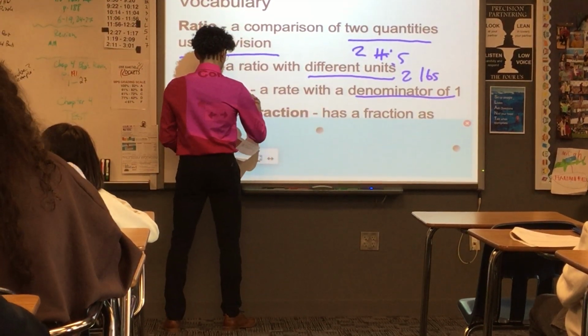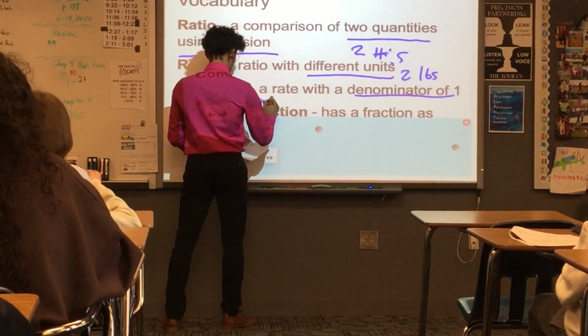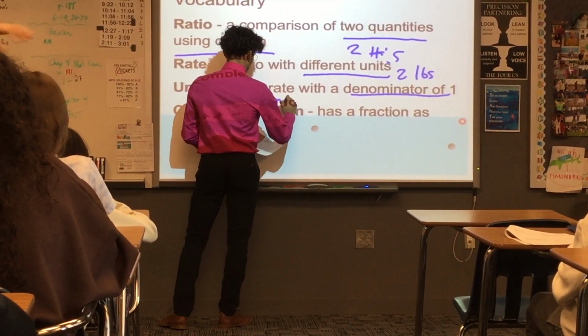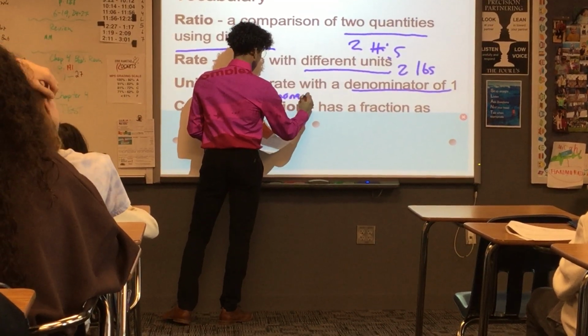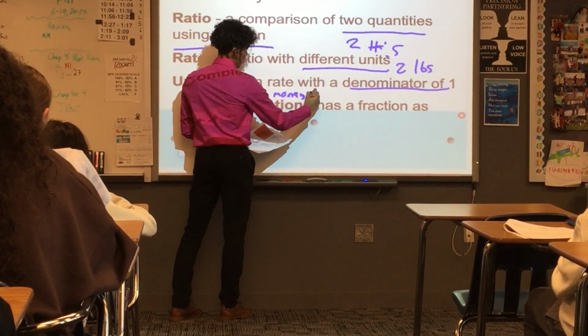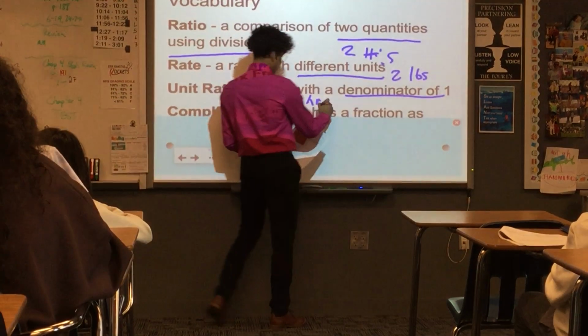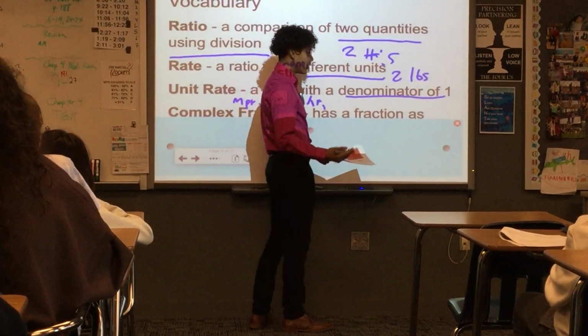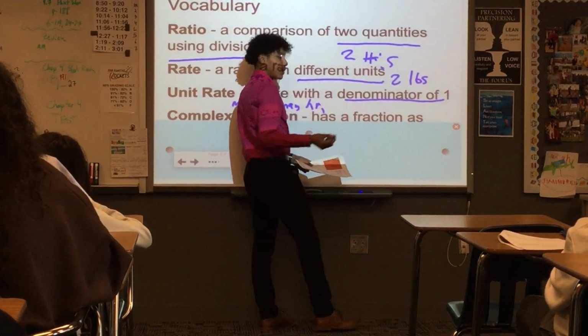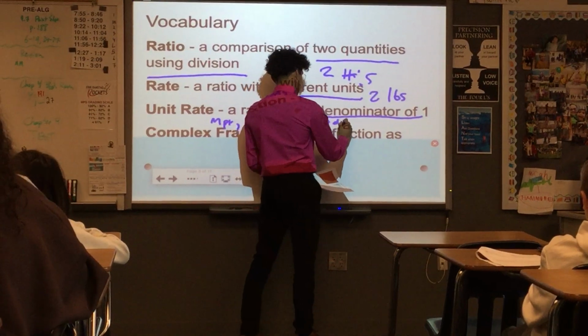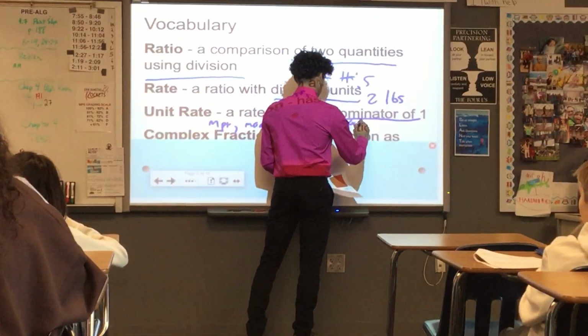So we can write that down, miles per hour. These are just examples. Money per hour, or words per minute. Like, let's say you're trying to tell somebody how fast you can type. Words per minute.